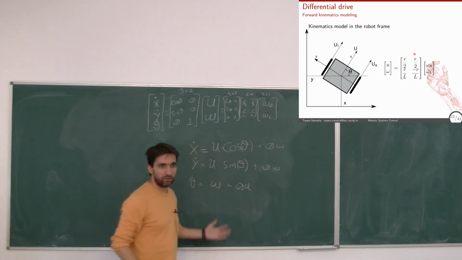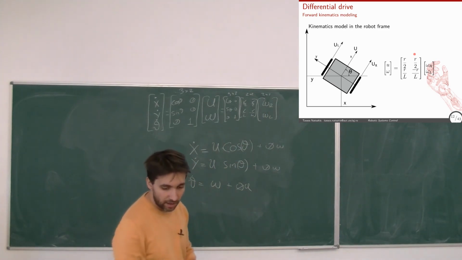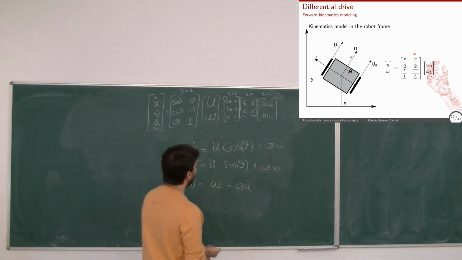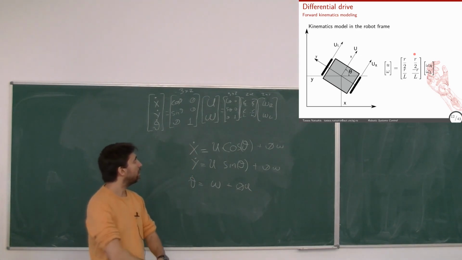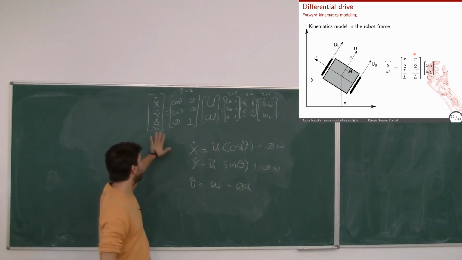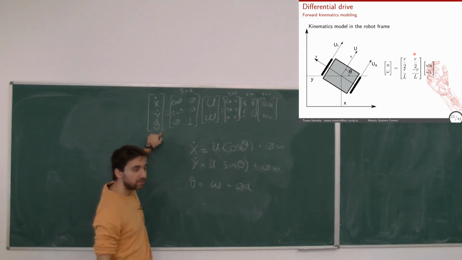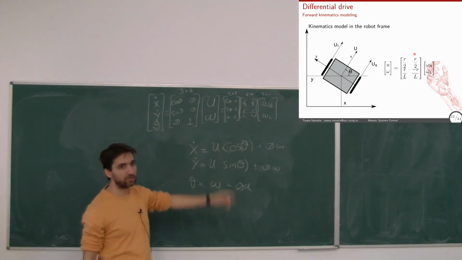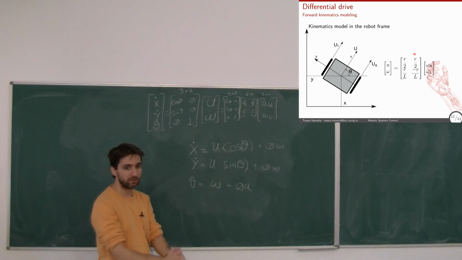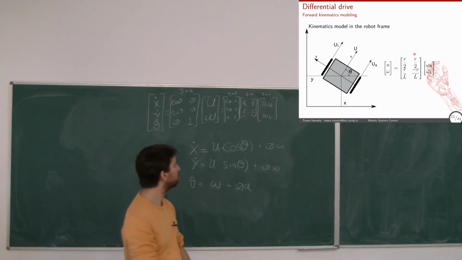So I can do the multiplications, right? And I end up with a model that I know how to control the output velocities as a function of the wheel velocities.